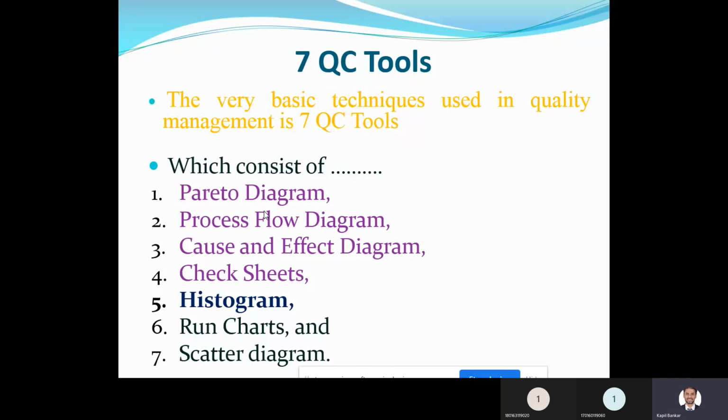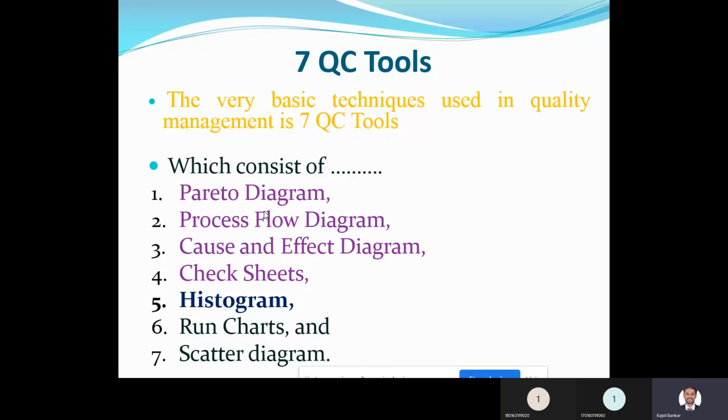In this diagram, on the right-hand side you must reflect the effect, and for that particular effect a number of causes are there. Those causes you have to mention on the left side. Some major causes are there, and under those major causes you write some sub causes.